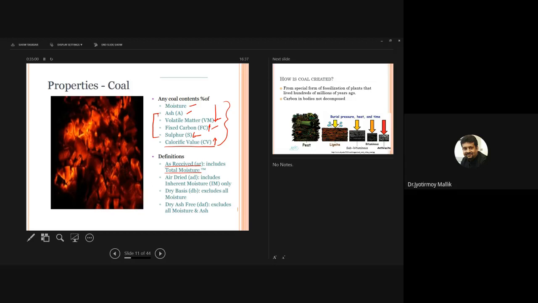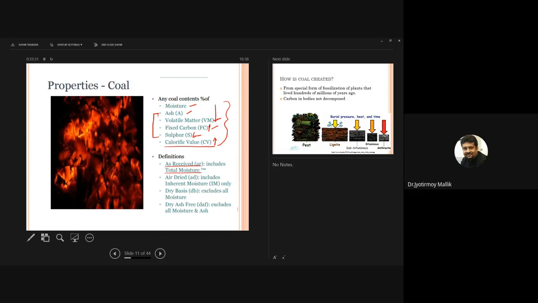Or, you can dry your coal in hot air for some period of time and get out some percentage of the moisture. There are specifications which allow you to expose your coal to hot, dry air so some moisture can be removed before you actually sell it.